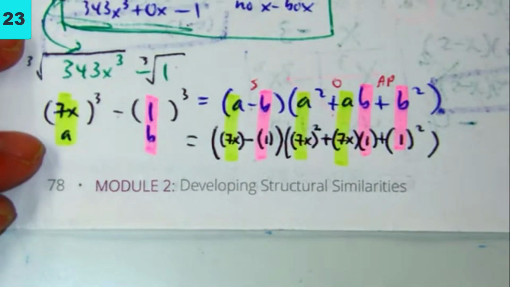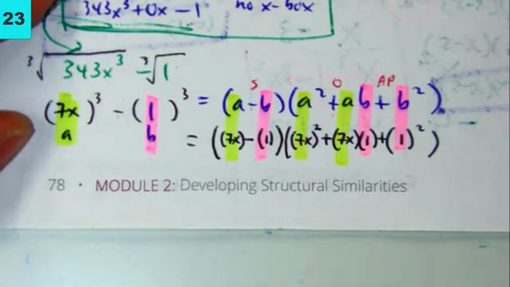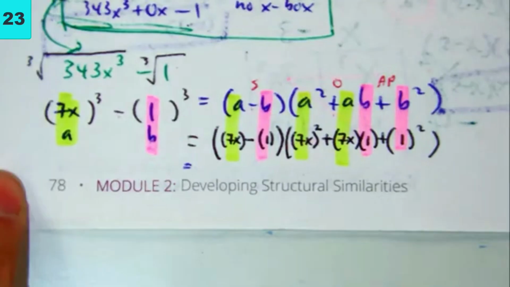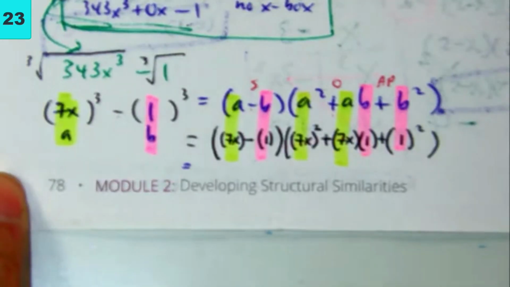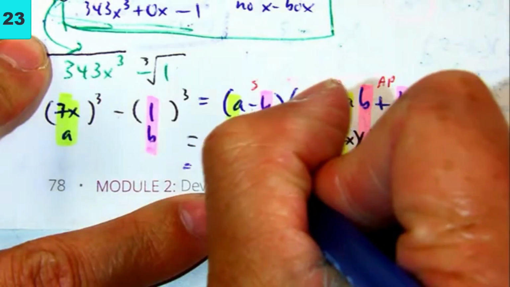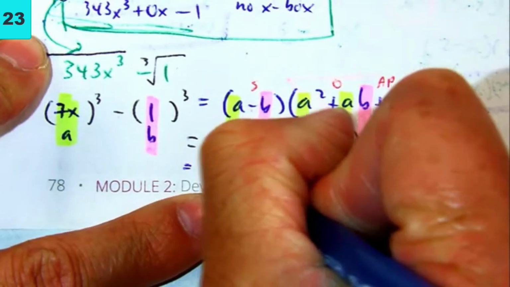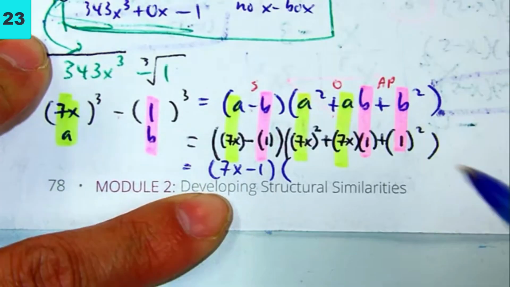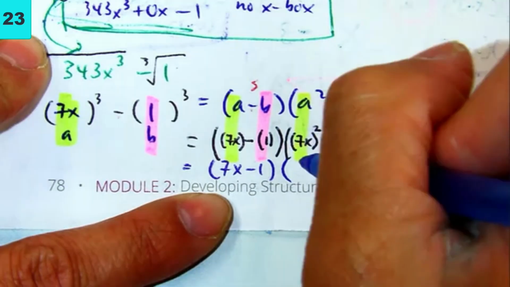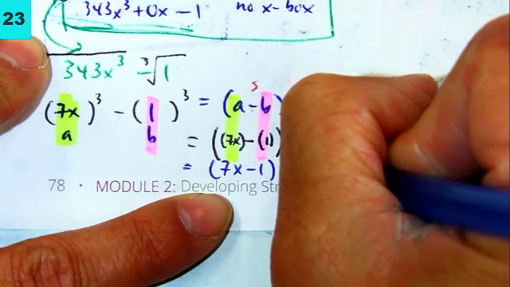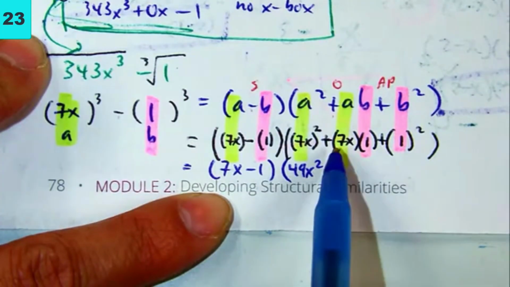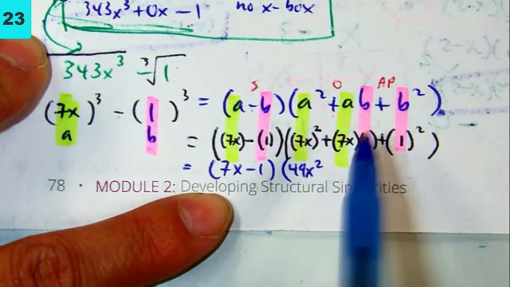And then in the last step, we just need to simplify. So let's simplify. I don't need the parentheses here or here, so I just have 7x minus 1. Here, this means 7x times 7x, which is what class? 49x squared. 7x times 1 is 7x.